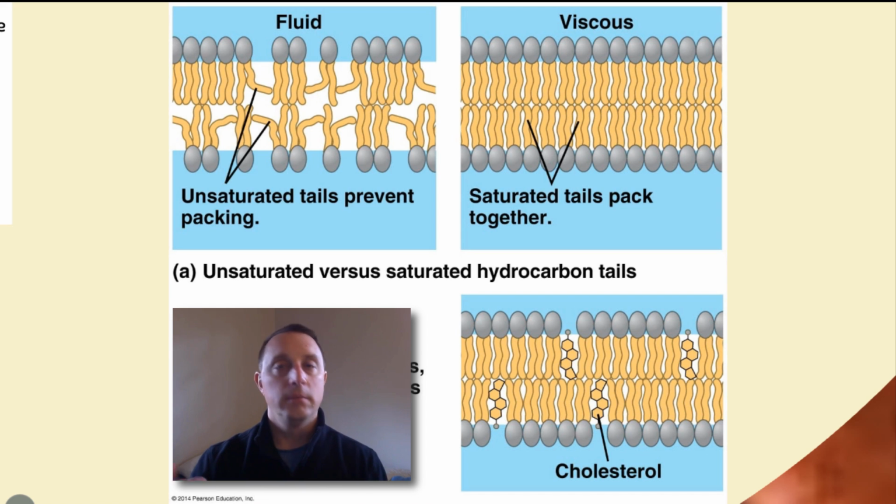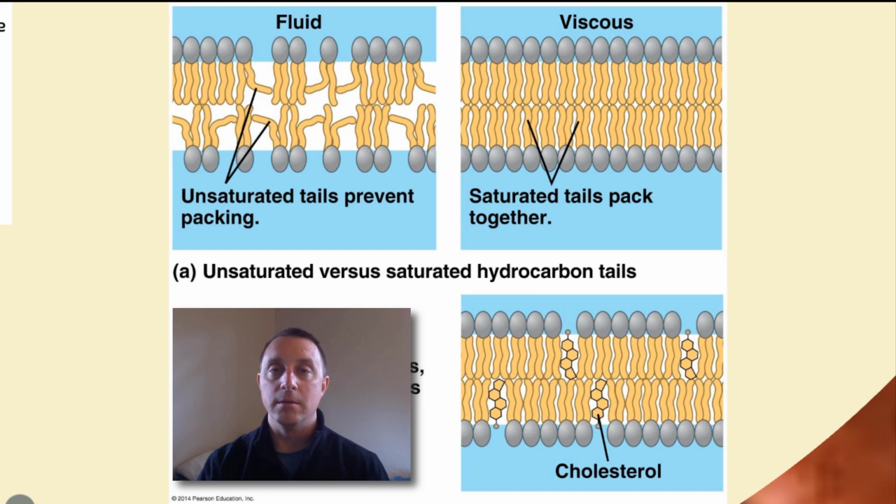If an organism lives at a cold temperature, and all of its fatty acids in its cell membrane are saturated, they'll pack very, very tightly together, and the membrane will turn solid. Okay? Cells cannot survive with a solid cell membrane. So the organism will introduce these double-bonded, these unsaturated fatty acids into the cell membrane, and that helps it adapt to colder climates.